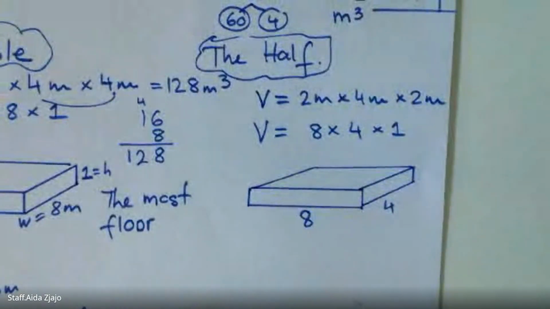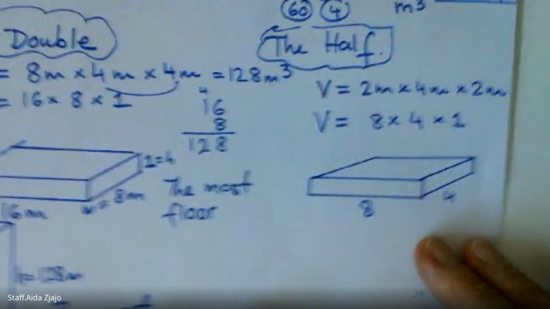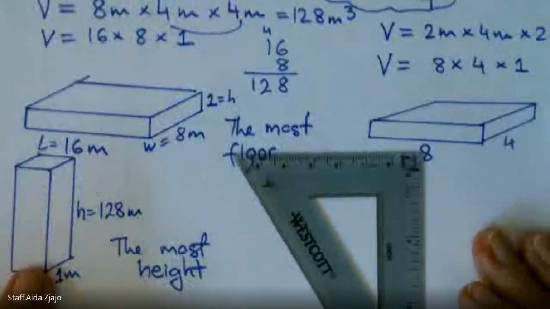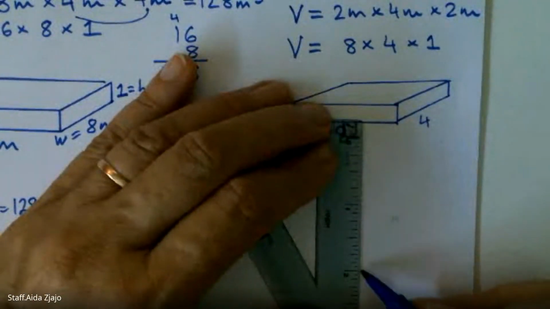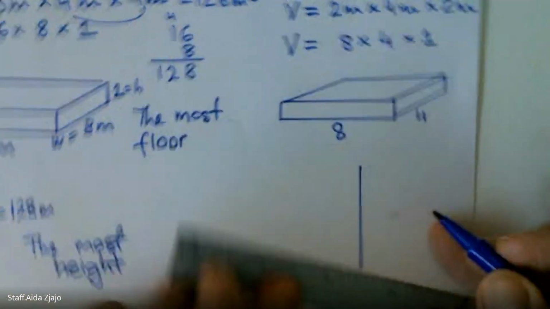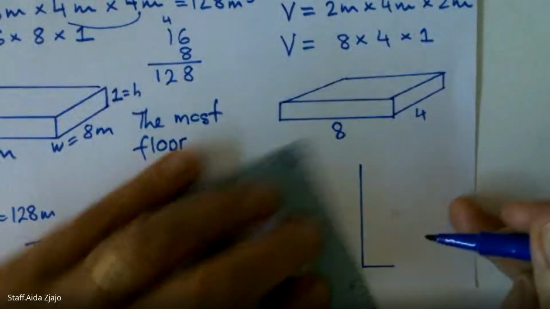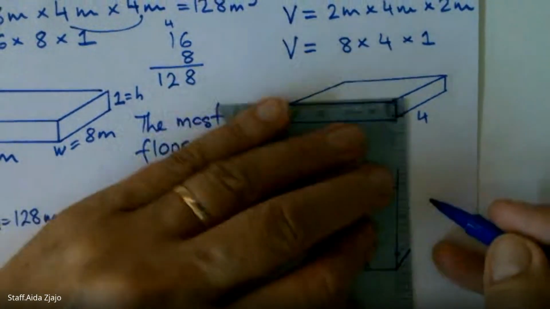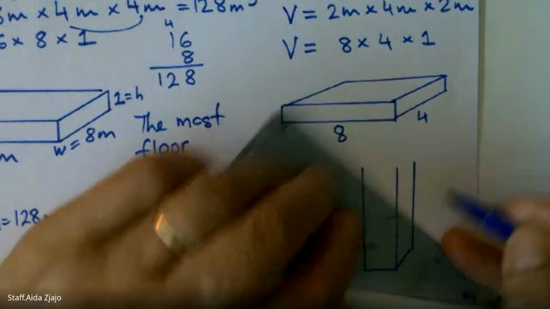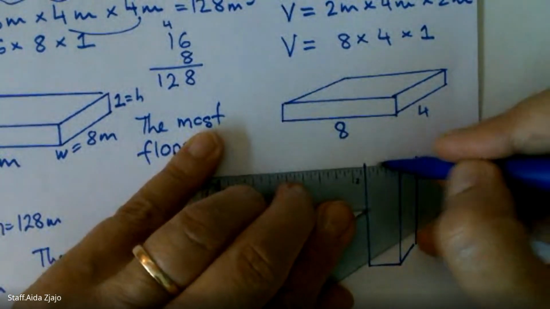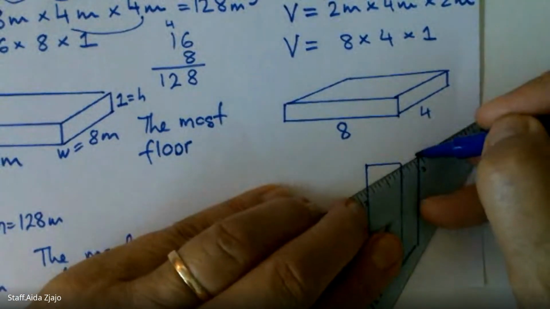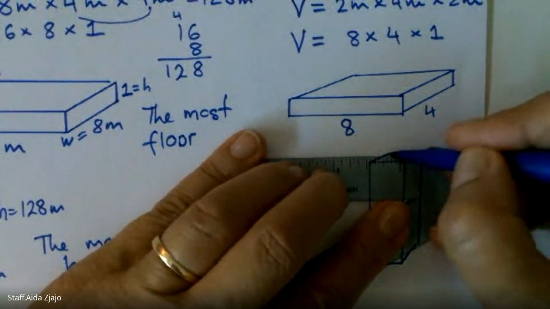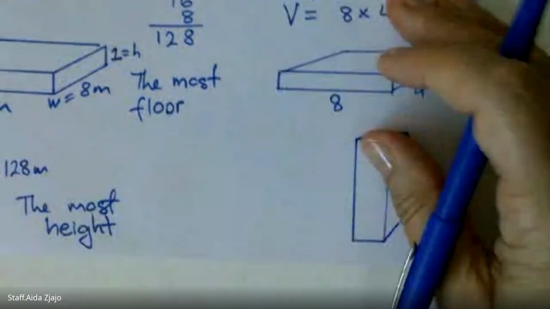And then for the half, the tallest would be the same picture as this one, but tall, so it would be 1 by 1 by 32. I'm just pretending I'm not doing a great job, but this is free drawing, so forgive me if it's not perfect.